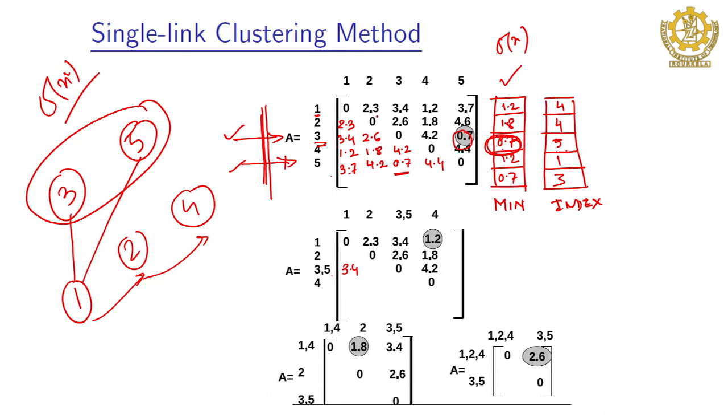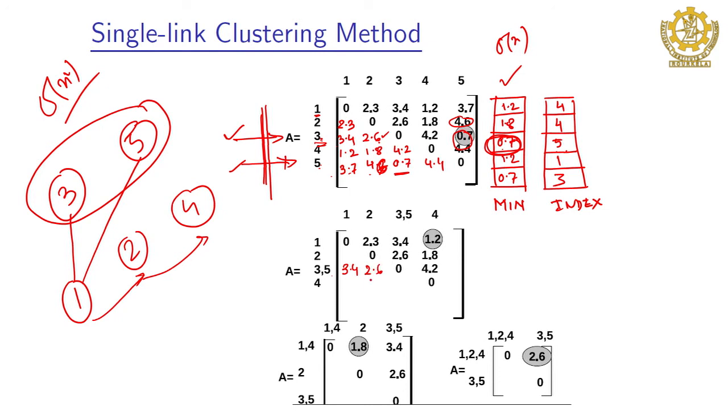Now, you move again to the next: distance from 3 to 2 is 2.6 and distance from 5 to 2 is 4.6. So, which one is the minimum? 2.6. So, the distance from 3 and 5 to 2 will be 2.6.